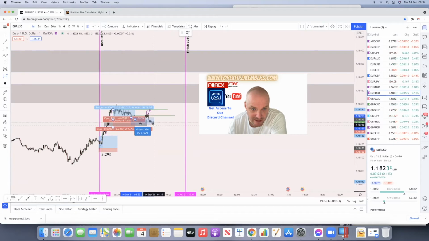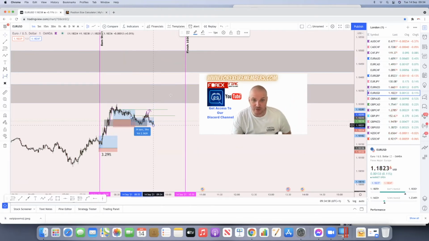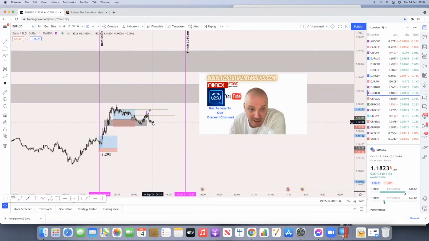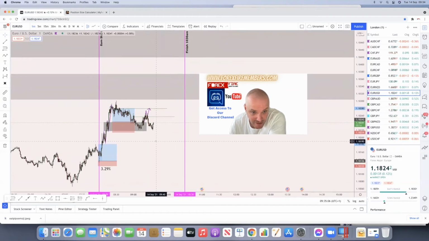So from entry to here, for the last 40 minutes, it's been stuck within a 4 pip zone, okay? So this is telling me price is now starting to condense itself. It's going into a consolidated phase. So we might actually get stopped out eventually on this if it's exhausting itself, okay?